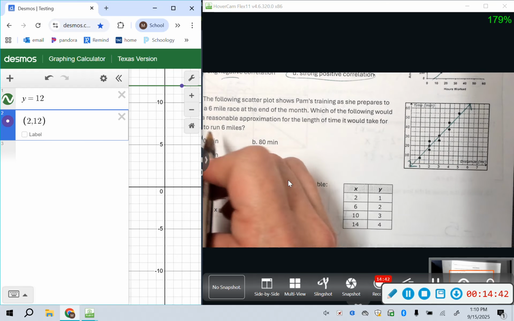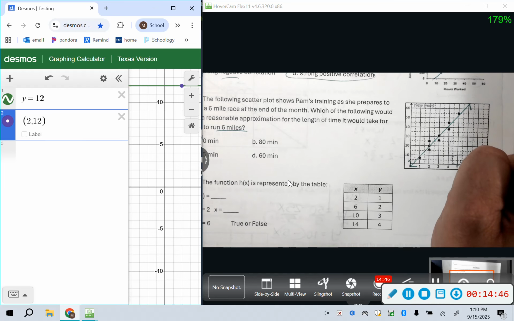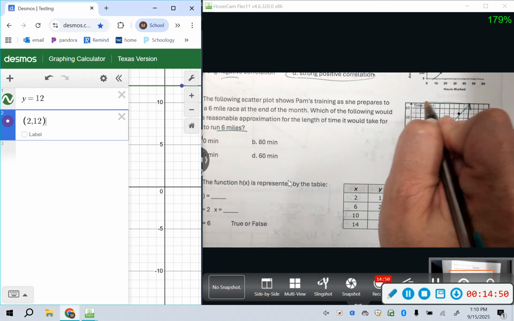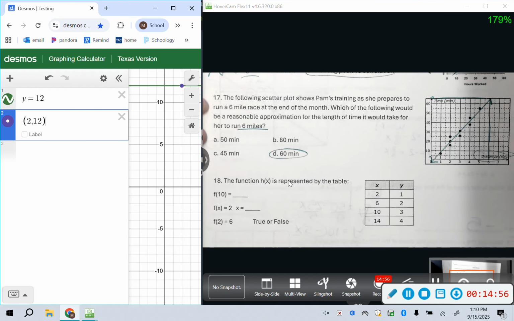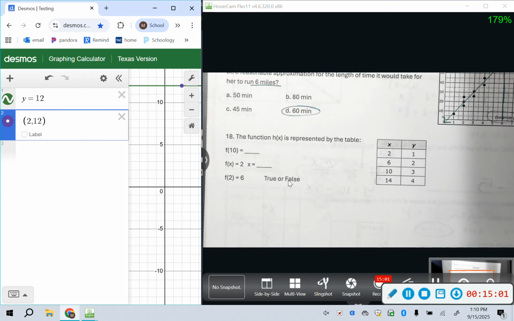And it says, how long would it take for her to run 6 miles? Well, this says distance. So 6 miles is here. And I have that a little over 60. So mine says 65, but which one's the closest? D.